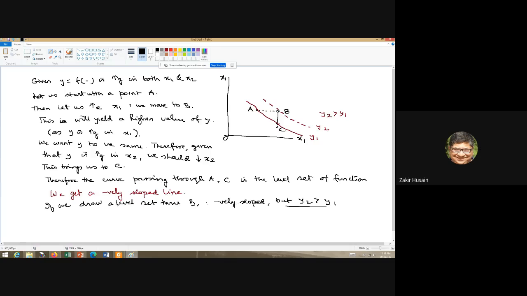Okay, so that means points above AC are the better off set, right? So this is worse and this is better off. Okay, again, is it clear, everyone? Yes, sir.